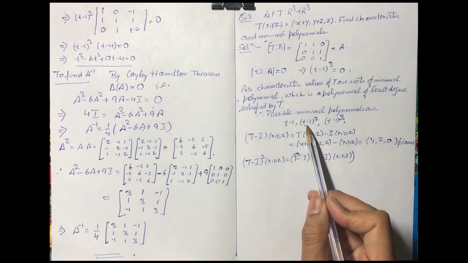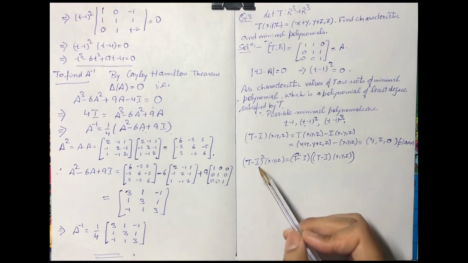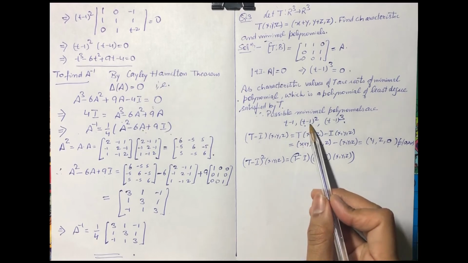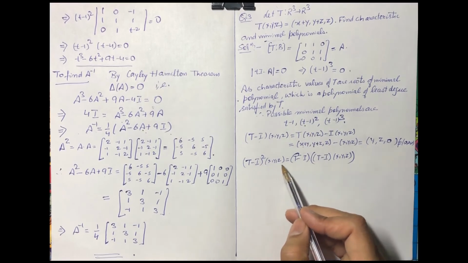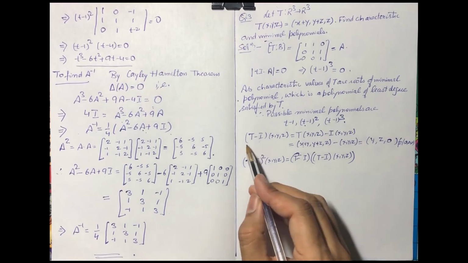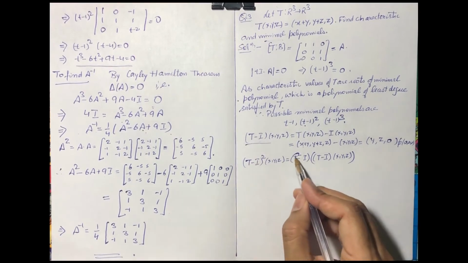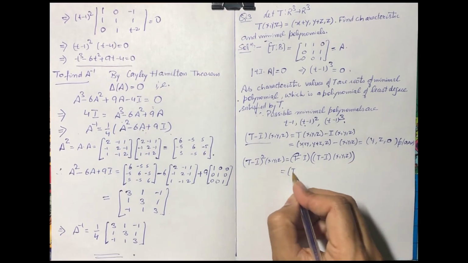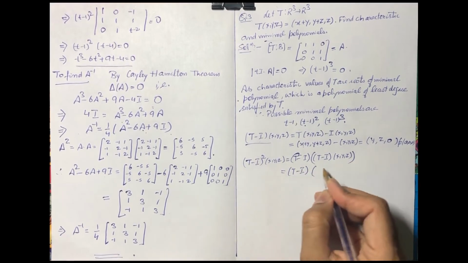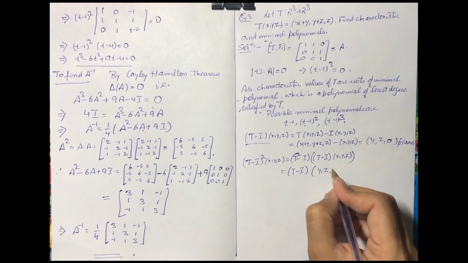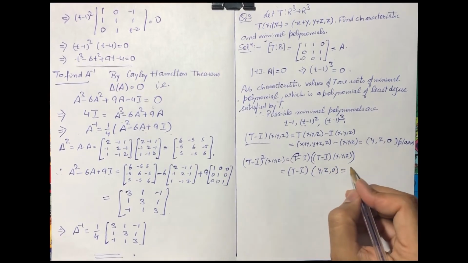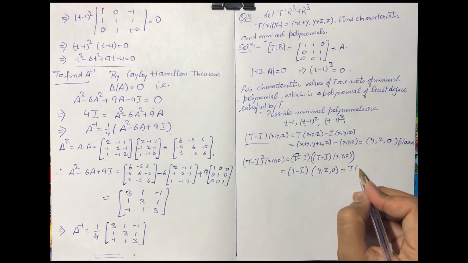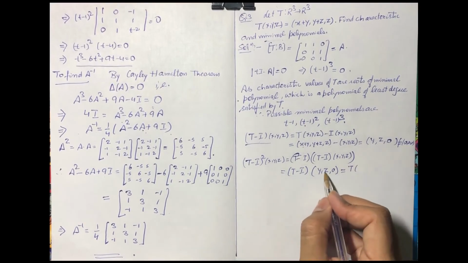So again we will replace small t by capital T, and 1 by I, (T minus I) square of (x, y, z), and we already have (T minus I) of (x, y, z), so we have (T minus I) of (y, z, 0).